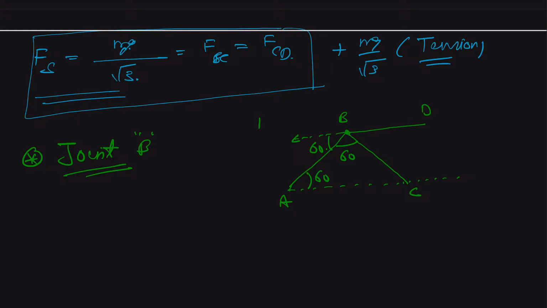First one will be our FAB cos of 60, and the other one will be in a downward direction, that is FAB sine of 60. Similarly, we are going to have this as also 60, and we can write this as our FBC cos of 60, and in downward direction FBC sine of 60.